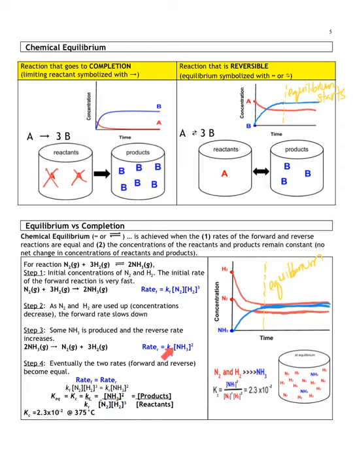So notice ammonia is raised to the 2nd power, which is the same stoichiometric coefficient here. Nitrogen is raised to the first, just like its coefficient. Hydrogen is raised to the third, just like its coefficient. So you create what is called the rate law, or I'm so sorry, the equilibrium constant. So this is Keq. And so Keq is a ratio of products over reactants raised to their stoichiometric coefficient.